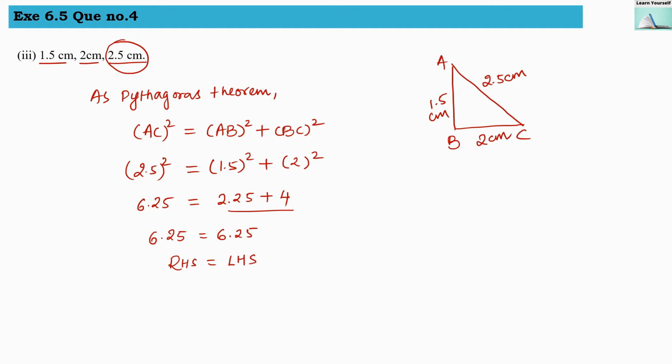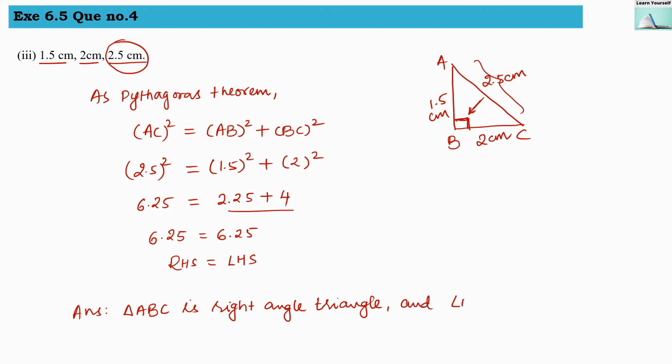Now, which angle will be the right angle in this triangle? Opposite to the hypotenuse. Our hypotenuse is AC. Whichever angle is opposite to the hypotenuse will be the right angle. So angle B will be the right angle. So the triangle ABC with the given measures is a right angle triangle and angle B is the right angle.